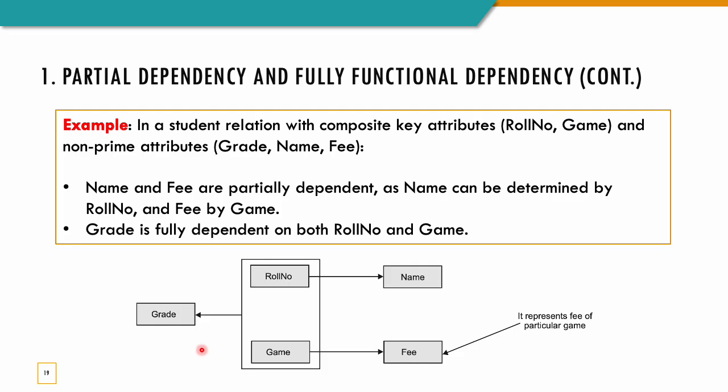For example, in the same student relation with roll number and game as the primary key, the grade depends on both roll number and game, because you need to know both the student's roll number and the game to determine their grade in that specific game.